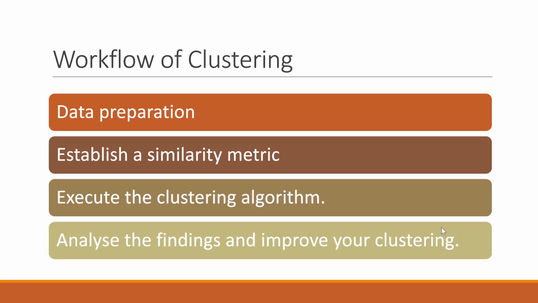Here on the screen you can see the complete workflow. The process starts from data preparation. First, we need to prepare the data, where we must normalize, scale and manipulate feature data based upon the main problem. However, we also need to make sure that the prepared data enables us to precisely determine how similar the samples are in clustering. After data preparation, the next step is to establish a similarity matrix.